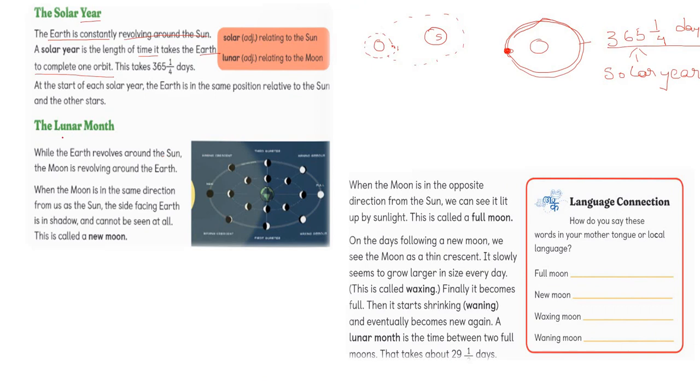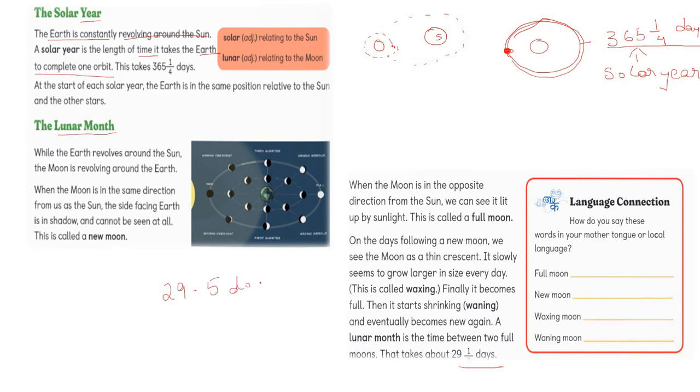Now let us see what is a month. Lunar month. When Earth is revolving round the Sun, the Moon is revolving round the Earth, as I showed you. For the Moon, it takes 29.5 days.